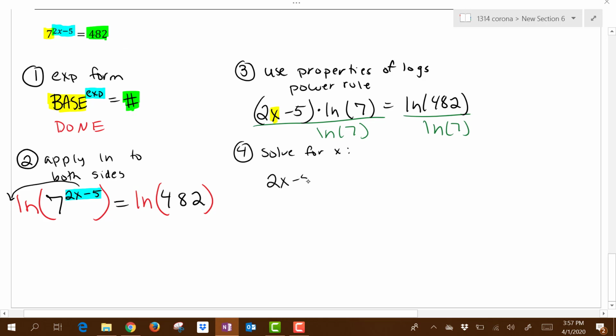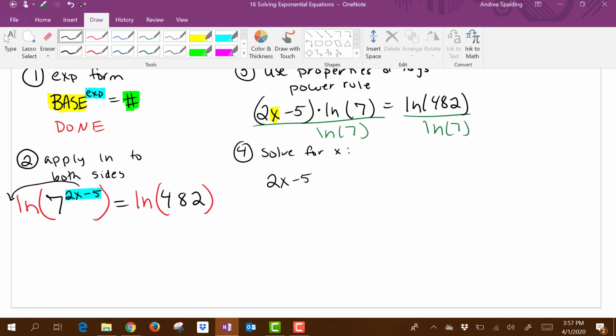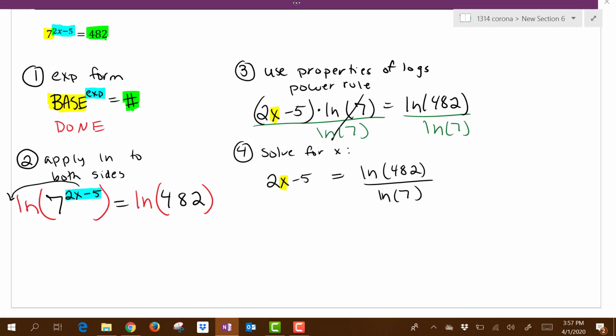So I end up with 2x minus 5. Don't really need the parentheses anymore because I've gotten rid of the multiplication. These cancel, and I'm left with natural log of 482 divided by the natural log of 7. Okay, we're still solving for x here.